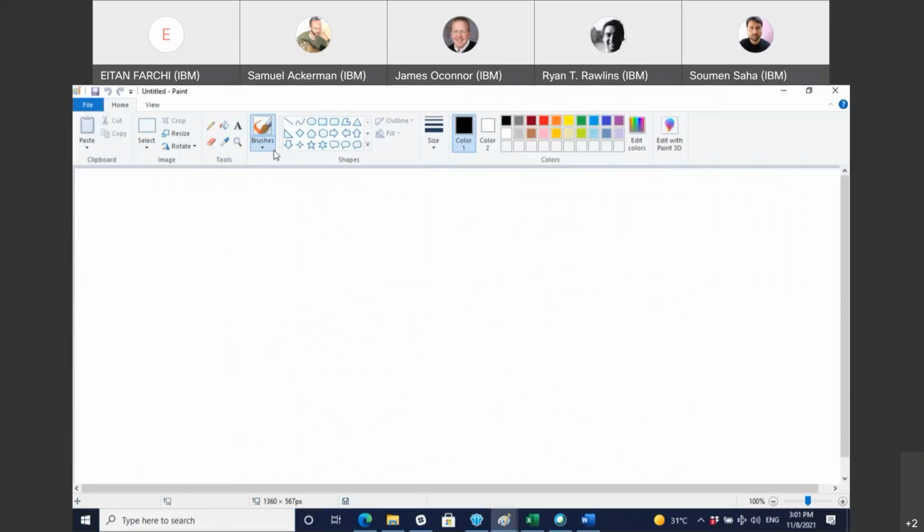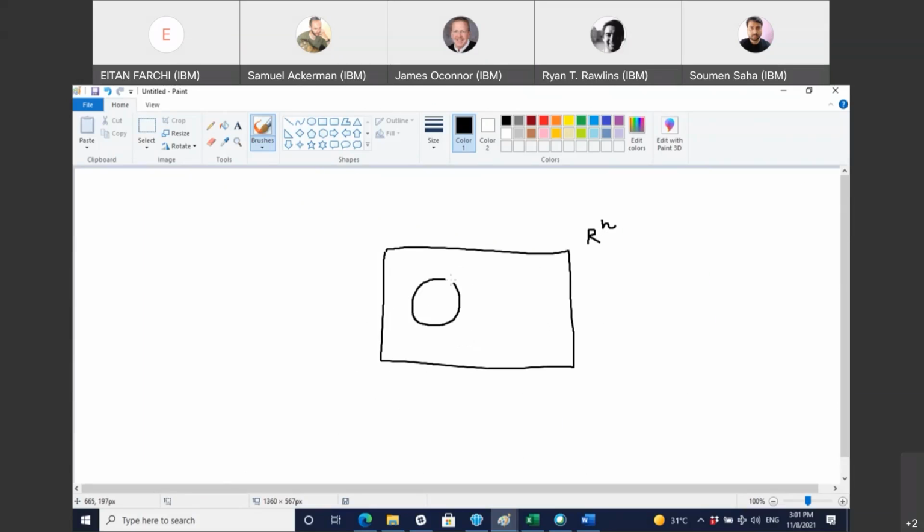So basically, we have some space. We're trying to search, and in our case, it will be a vector of n numbers. And there's some subspace here, in which the desired behavior or the optimal behavior happens.